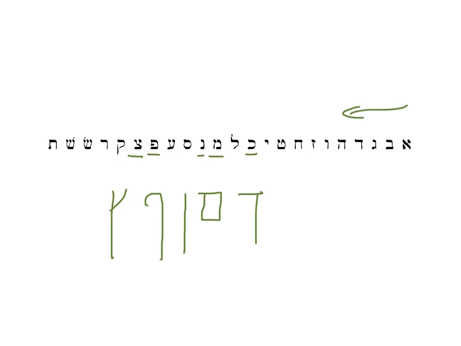And then there's 3 letters that have a different sound when there's a dagesh. Beit, Kaf, and Pei. When Beit has a dagesh, it sounds like B as in boy. When there's no dagesh, it sounds like V as in violin.